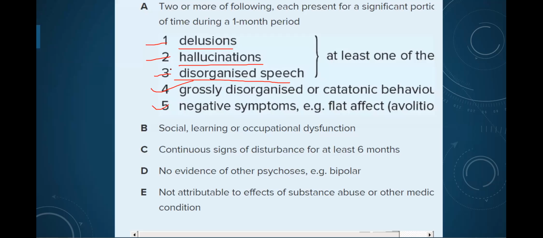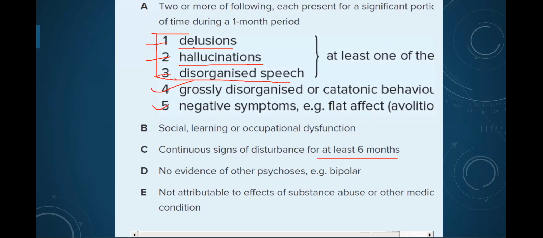Obviously, this feature should be there at least 6 months. Okay. So if a patient doesn't have at least one of these three, you cannot diagnose it as schizophrenia.